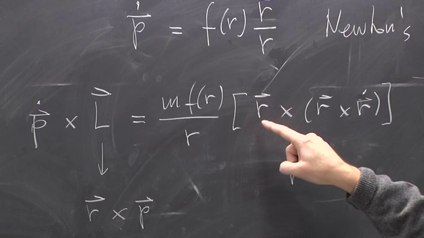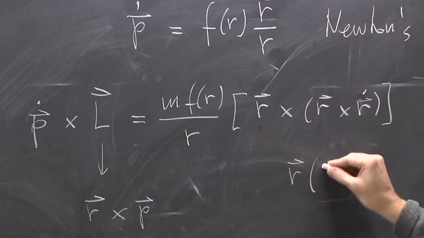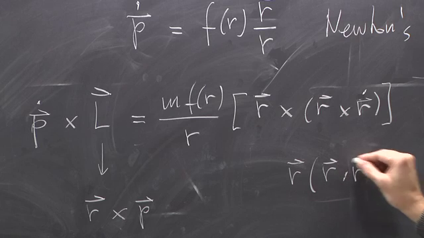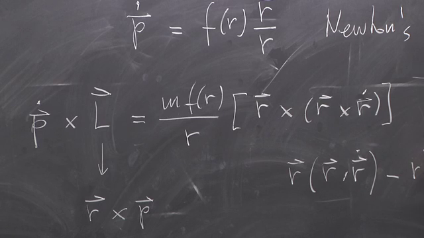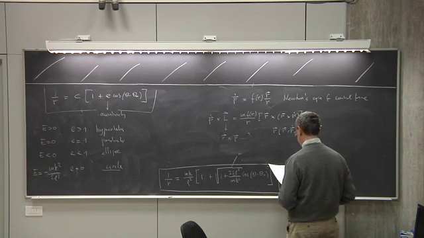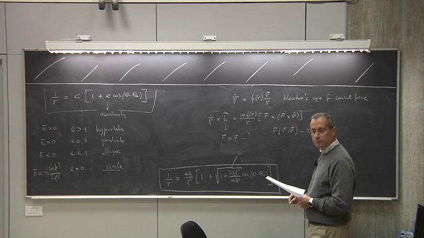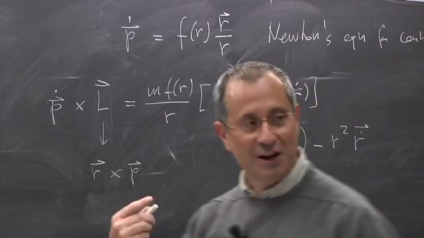You know that if you have A cross B cross C, this is B(A dot C) minus C(A dot B), so here r (r dot r dot) minus r square r dot. You remember this? Otherwise, in the same book where you find the integrals, you also find that.